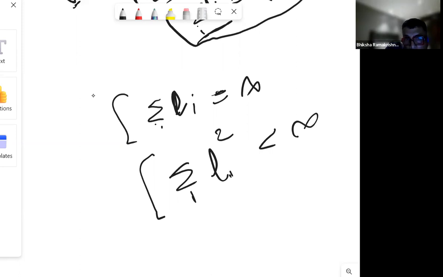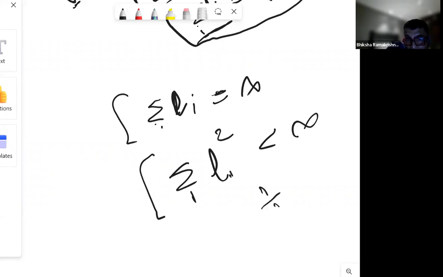Now, what is the sequence of learning rates that satisfies both criteria? What is the fastest sequence of learning rates that satisfies both criteria? Anyone? It's going to be between 0 and 1. Well, not necessarily, but yeah. It's a series, right? So I want 1 over n, right?